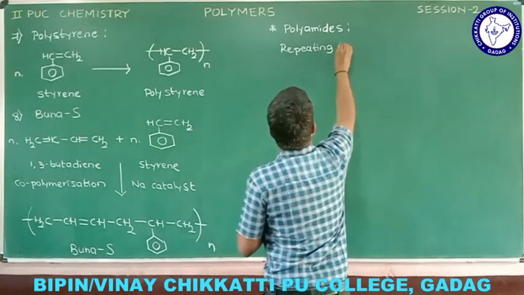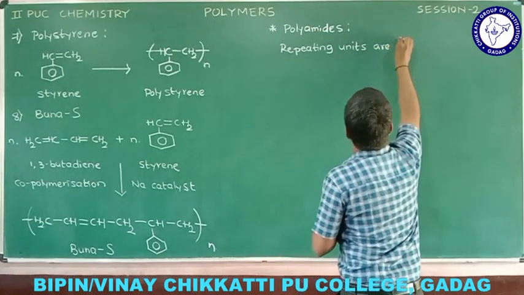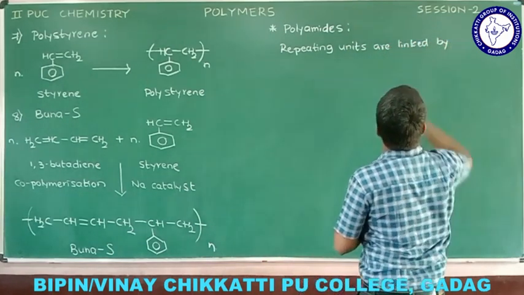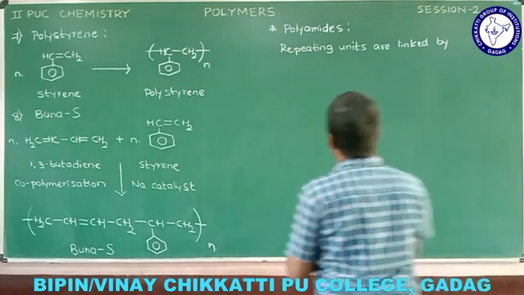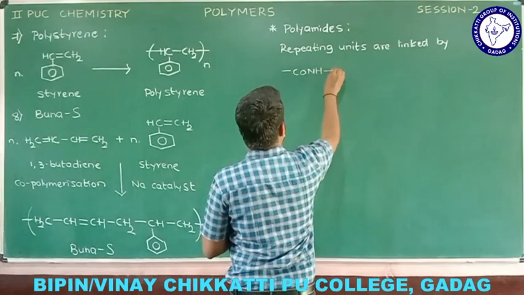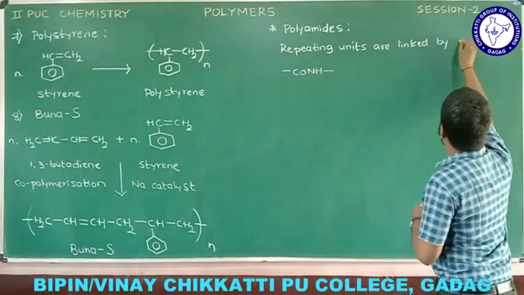If repeating units are joined or linked by the CONH bond, okay, and this bond we call the amide bond.